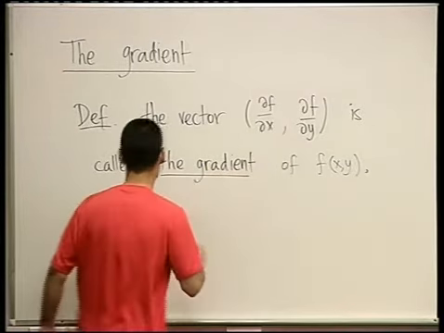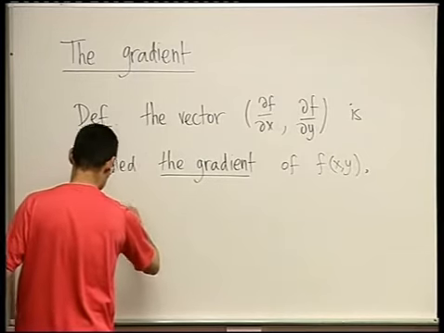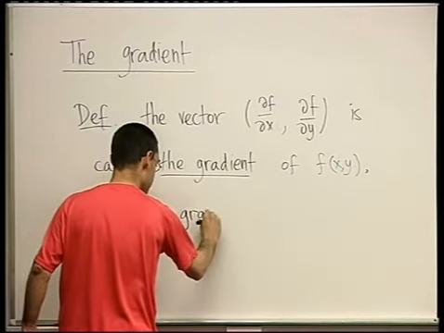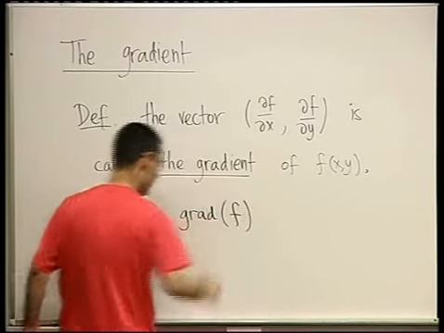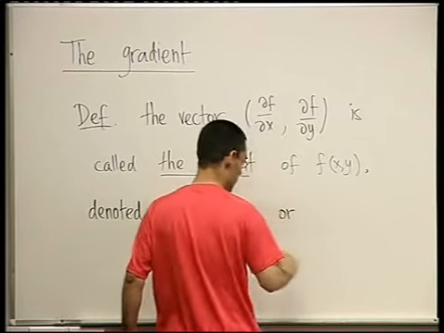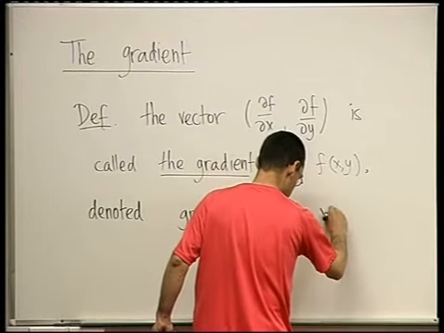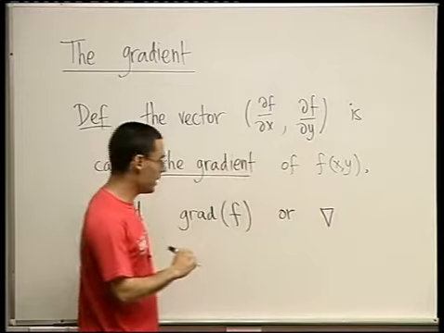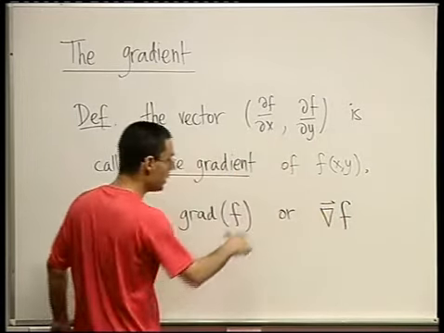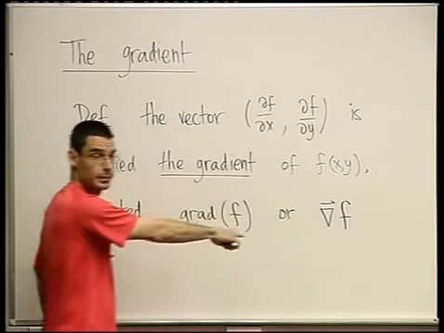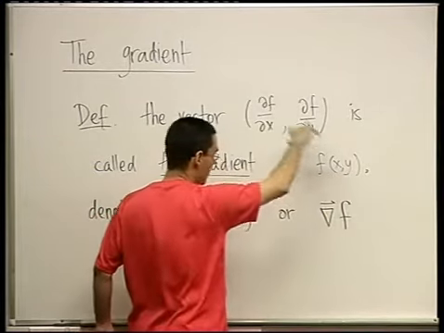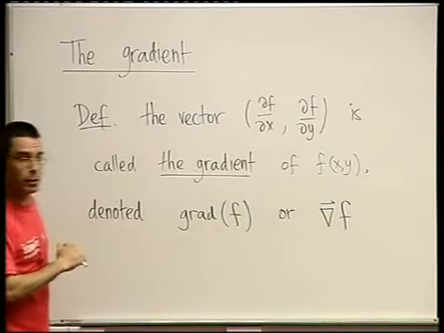Let's first say that it's denoted either grad of f, or, and I'm usually going to use the other notation, this upside down triangle thing of f, often written with an arrow to indicate that it's a vector. Okay? It's a vector. It has components. If f is a two-variable function, the gradient is going to have two components.